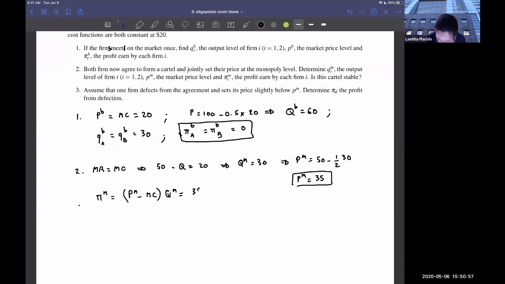So that's 35 minus 20 times 15. That's the profit of an individual firm, so I'm going to put I here. And that's 225. So if the firms are able to coordinate on the monopoly price, so they both charge the monopoly price, then they would each get a profit of 225.